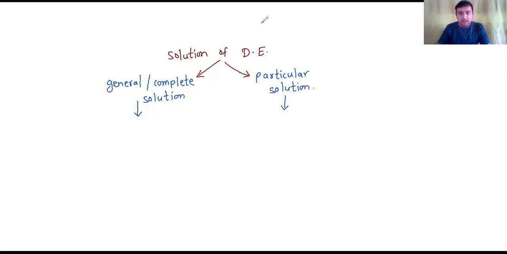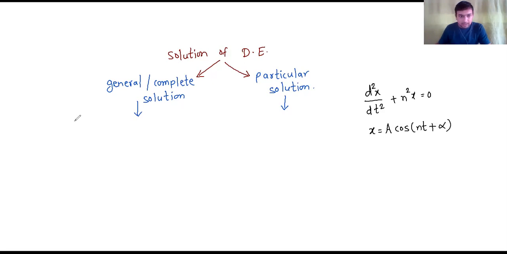एग्जाम्पल लेते हैं फिर से. A differential equation d square x upon dt square plus n square x is equal to 0. The solution of this differential equation is x is equal to a cos nt plus alpha. बात करेंगे कि जनरल या फिर कंप्लीट सॉल्यूशन हम किसे कहेंगे.